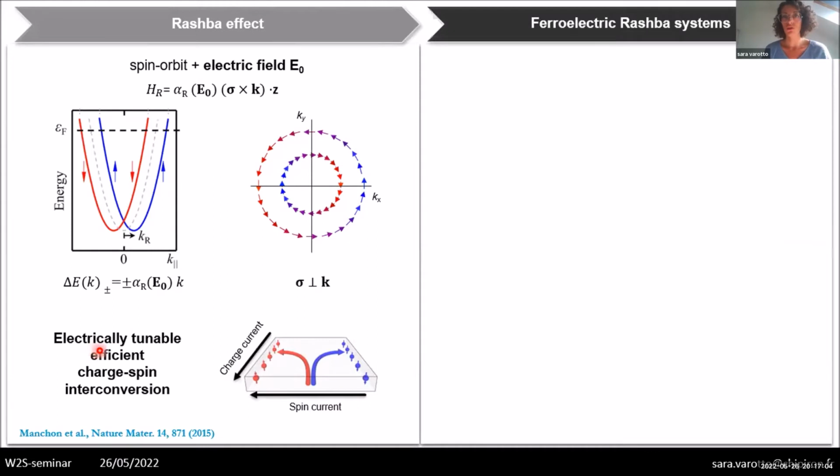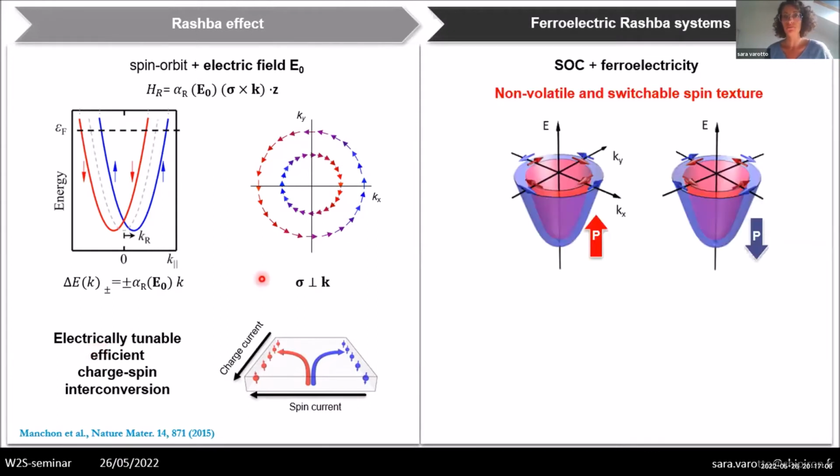Let's come now to the ferroelectric Rashba system. So now we introduce an electric field, which is the ferroelectric polarization. In this case, this electric field is permanent, so it's non-volatile, and it acts like we are changing this electric field.